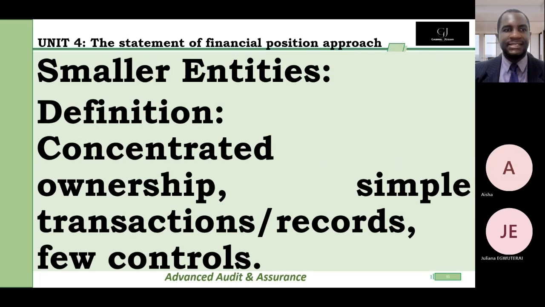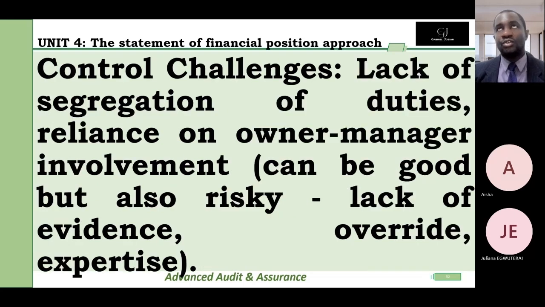So for smaller entities, the definition is concentrated ownership, simple transaction records. They have maybe few controls, and the control challenges may include lack of segregation of duties. One person is doing the same thing from beginning to end because it's a one-man business, and the reliance on the owner-manager involvement can be good but also risky.